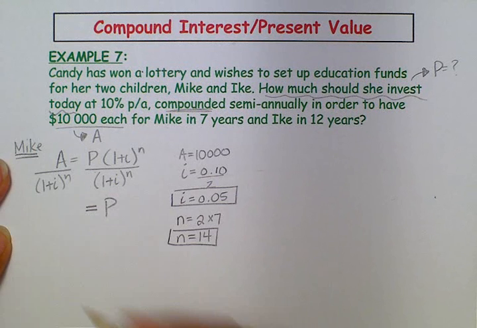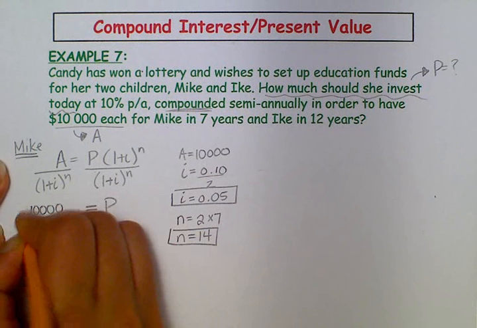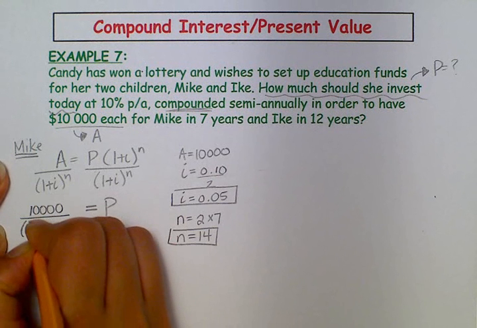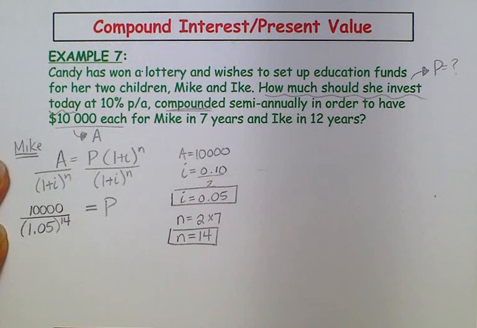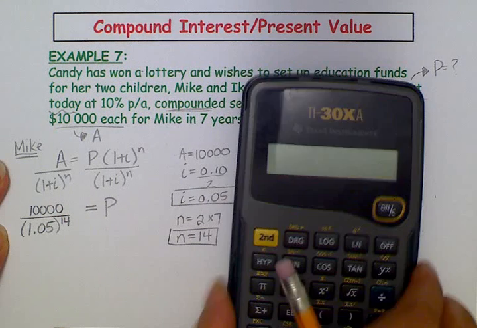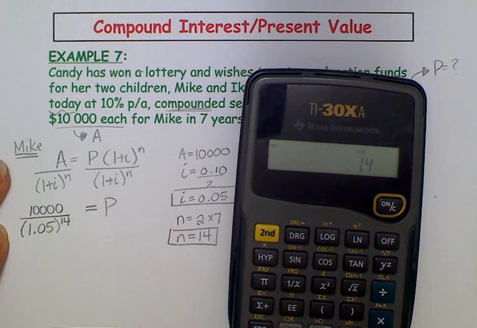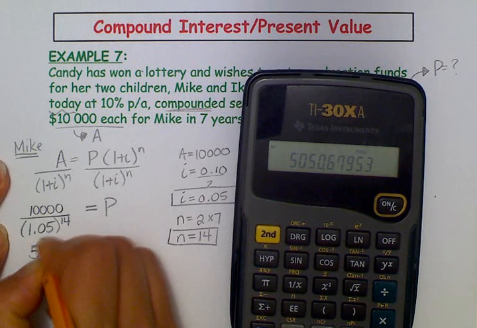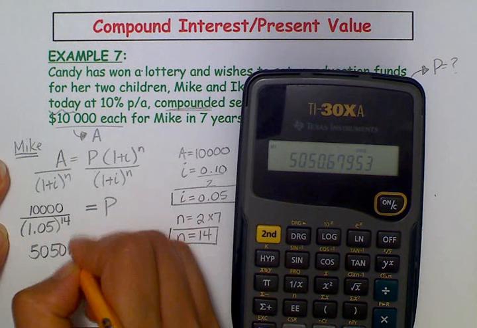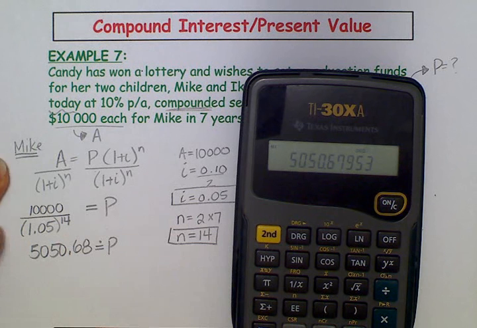So I have 10,000 divided by 1 plus 0.05, so 1.05, to the exponent 14, since that's the value of n. And if I evaluate that on the calculator, that gives me $5,050 and about 68 cents, approximately, is how much you should invest for Mike.